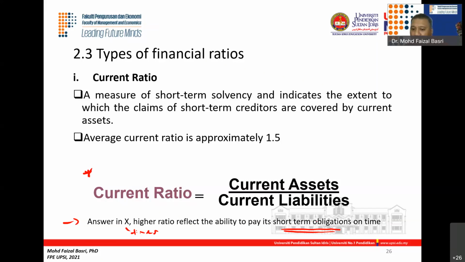Short-term here refers to obligations that they need to pay within 12 months, anything 12 months and below. Long-term is anything more than 12 months, 13 months and above. But for current ratio, this is to measure their ability to pay short-term obligations on time.